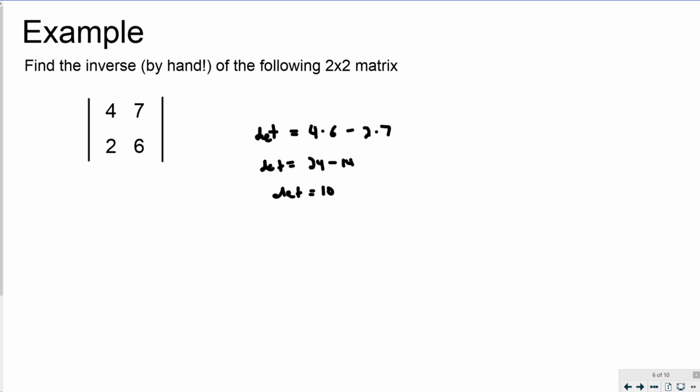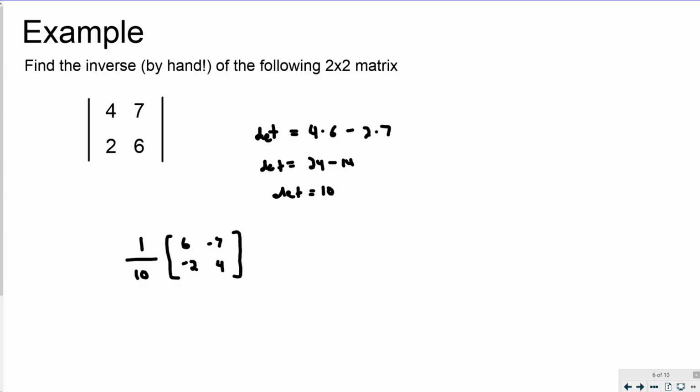Now that I know the determinant, I'm going to put 1 over that determinant out front of the matrix, and then I'm going to redraw the matrix and switch A and D. So D becomes A, the 6, and A becomes D, the 4. I'm going to put a negative sign in front of the 7 and a negative sign in front of the 2, flipping their signs.